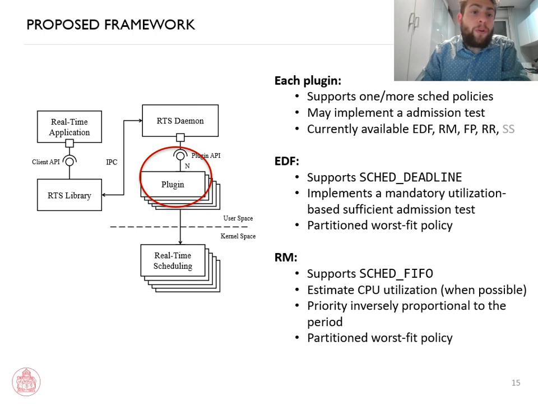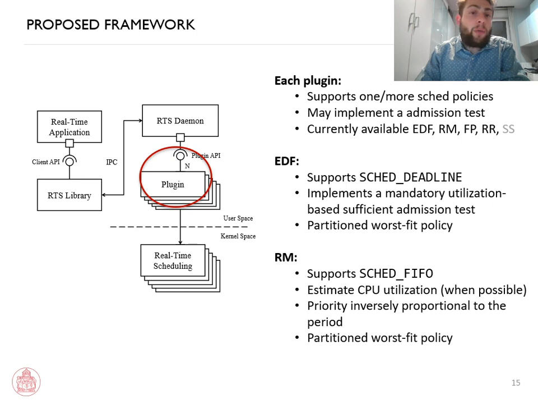Okay, so let's analyze the last piece of the framework, plugins. Each plugin must implement a set of functions that are used by the daemon to dispatch requests. And each plugin supports one or more scheduling policies offered by the kernel. Also, each plugin may implement an admission control mechanism that can be used to check if a new task can be admitted or not to the current task set.